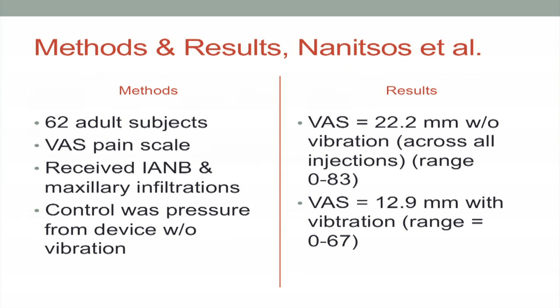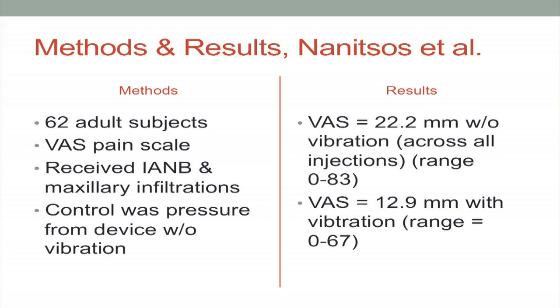In this study, 62 adult subjects were included, and a visual analog pain scale was used to score injection discomfort. The subjects received an inferior alveolar nerve block and maxillary infiltrations, and the control group simply had the vibrating device applied but without the vibrating mode activated.